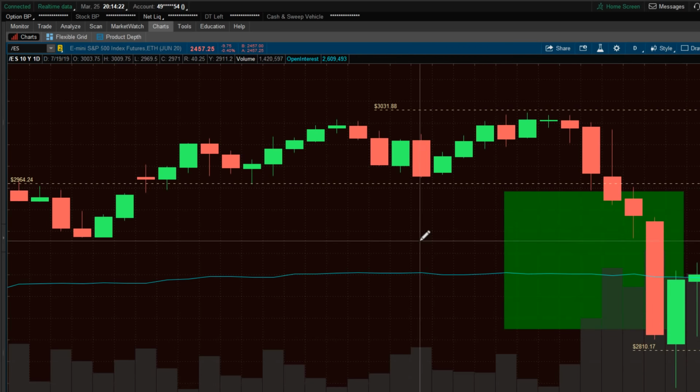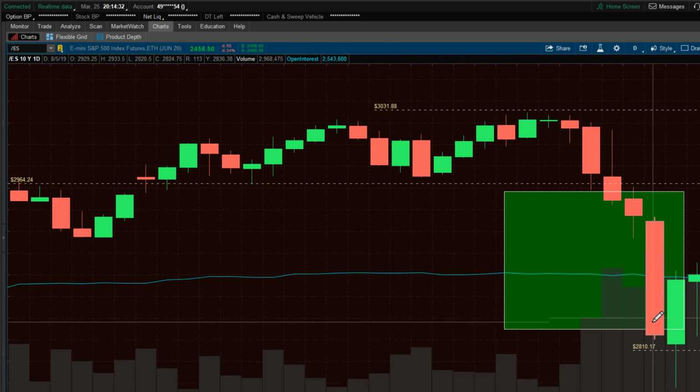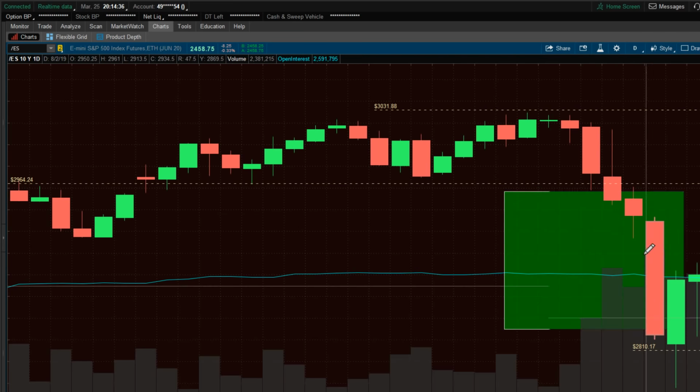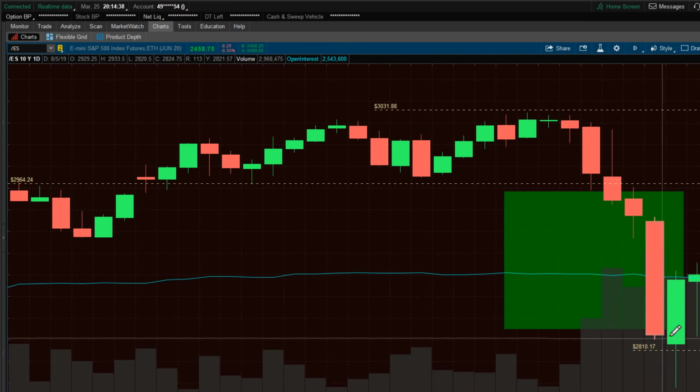In here everybody's getting chopped up, but when it breaks that line of support, that's where we want to be. We want to be getting in when it's breaking that support on its way down to the next level of support. That's really the point we want to make with support and resistance.